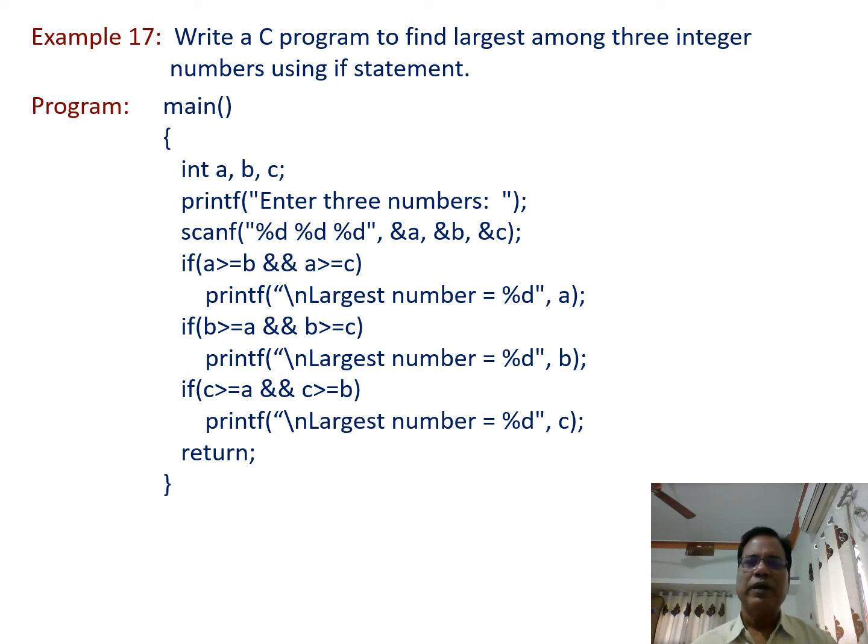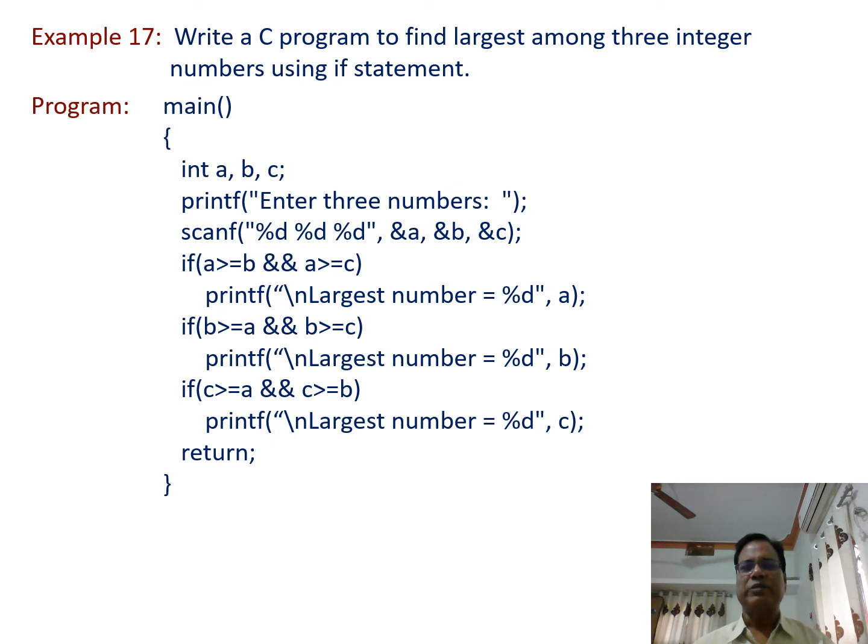Then the next statement is the printf statement that prints "enter three numbers" on the output screen. And using the scanf function, we get three integer numbers in the program and store them in the variables a, b and c. So scanf with %d %d %d written in double quotation marks.